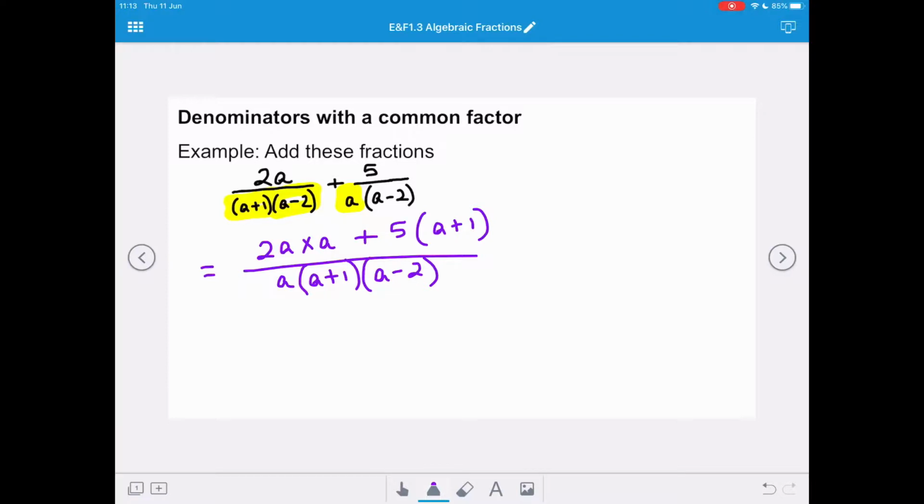Now we need to expand our brackets so that we can simplify. So we're going to end up with 2a squared plus 5a plus 5 all over a upon a plus 1 upon a minus 2. And then we check to see if we can simplify it any further, and in this case we can't.